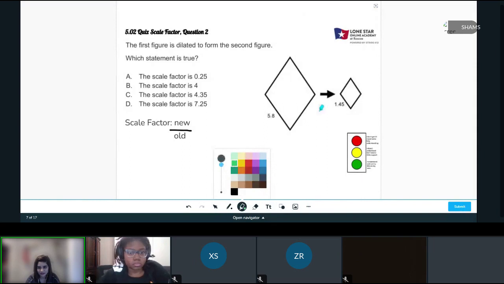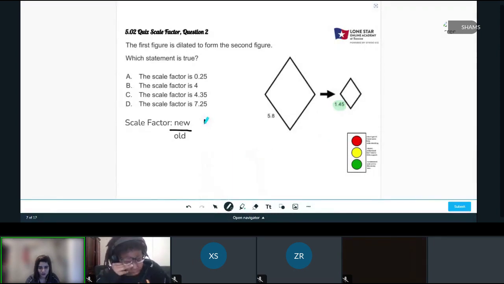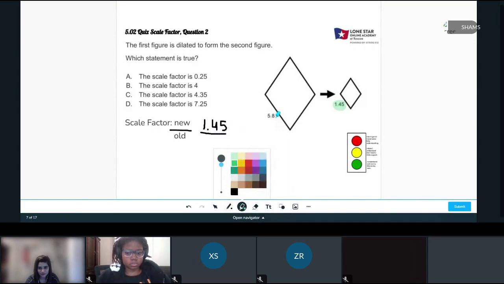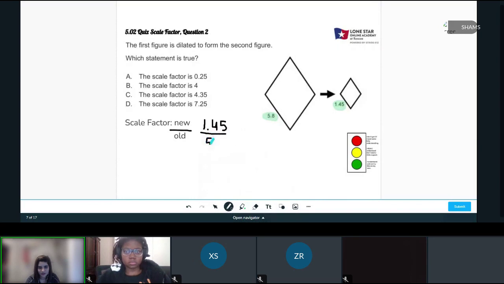The side length says 1.45. So that's what we will do. We'll say 1.45 over the matching side in the old one. That is 5.8. Then we will divide.